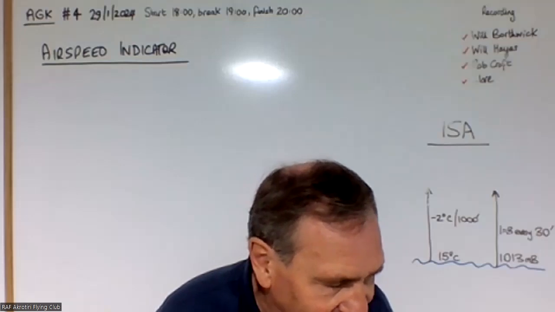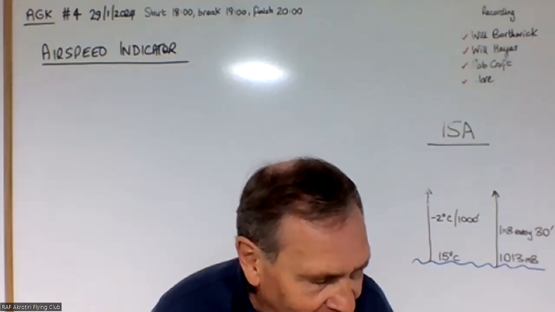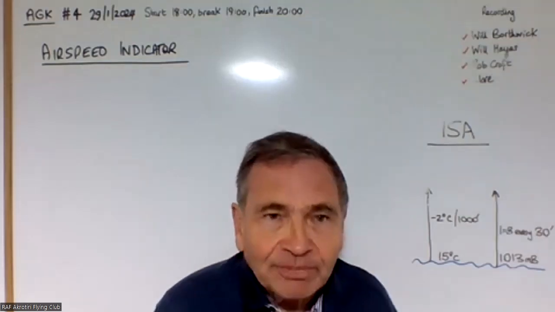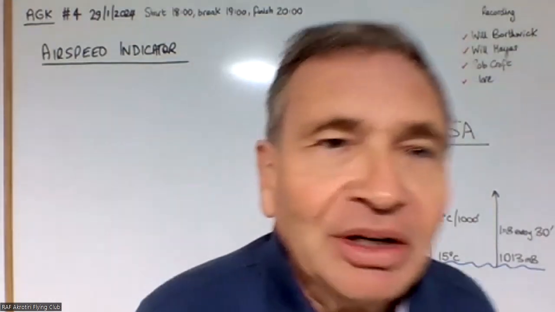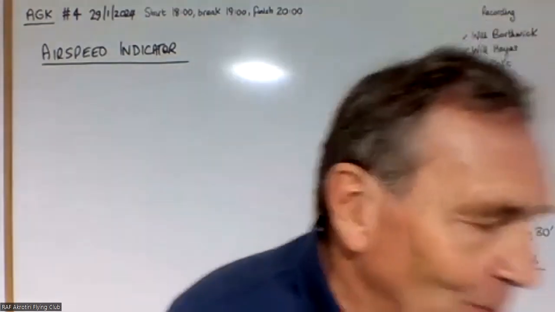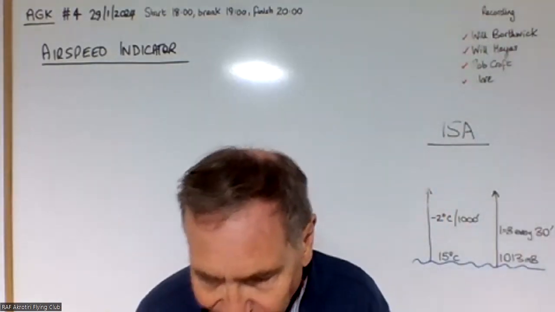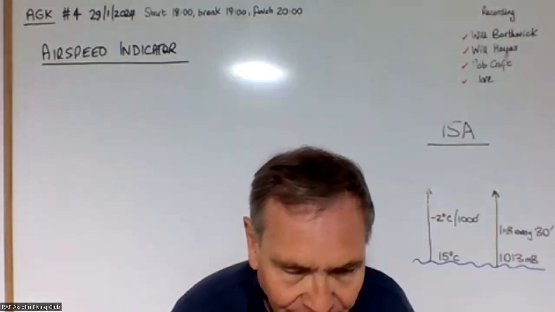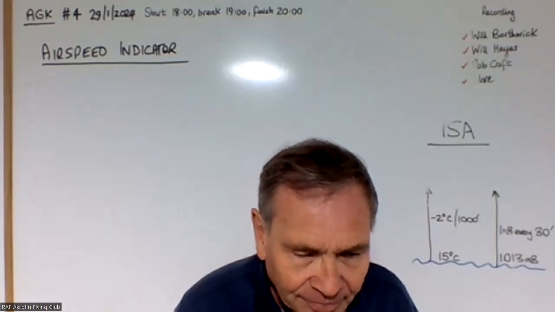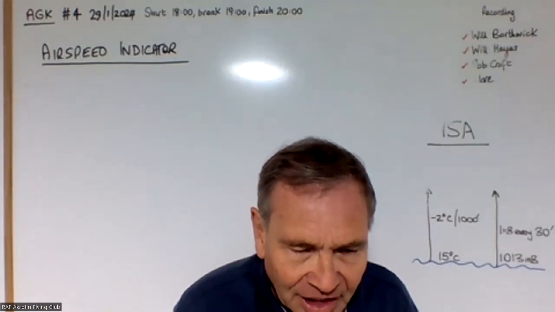And that's reading accurately, but the pitot tube is completely blocked. So, Rob, when I got in the plane, what would my airspeed indicator show me? You get no dynamic, so you just have static pressure only in the case.